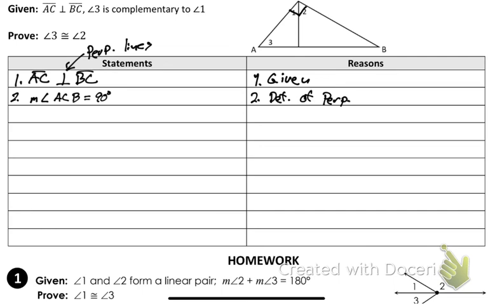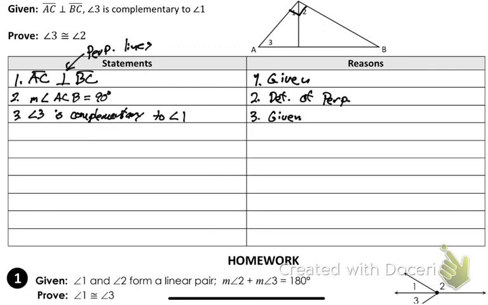So perpendicular lines, definition of perpendicular lines. Next statement, angle 3 is complementary to angle 1. That is also given. What's automatically my next step?